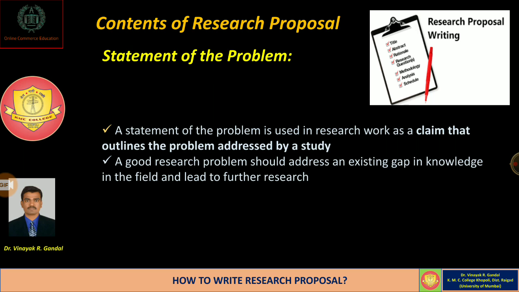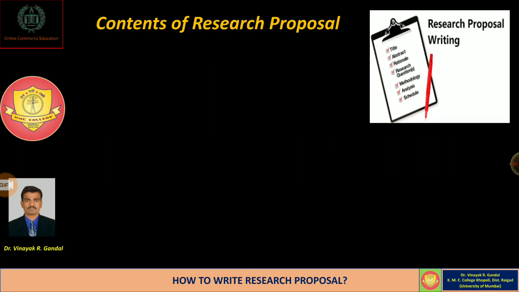So if a learner wants to write a statement of the research problem, he is required to take some reviews in the particular area that is selected by the researcher. So in short, writing the statement of the problem is an important activity of the proposed research proposal.